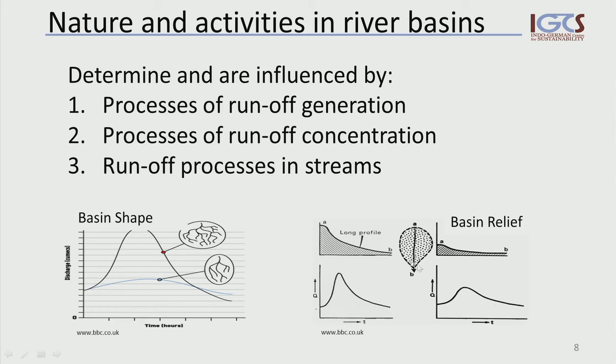Let's look at the second example, the basin relief, the elevation that we observe in one river basin. Example here, water moving from A to B, and the associated generic discharge curve.